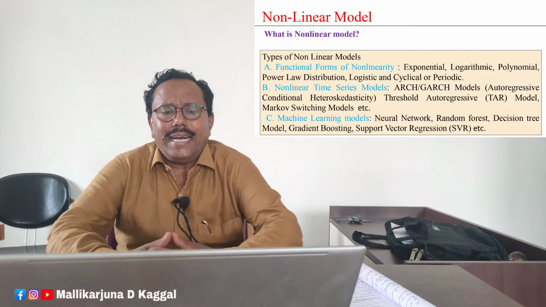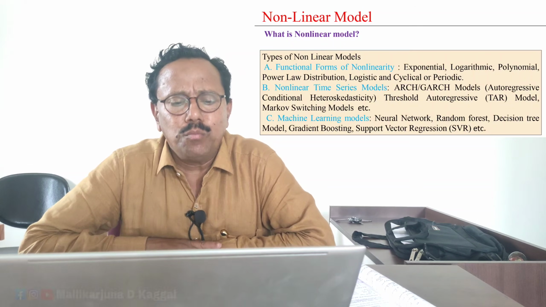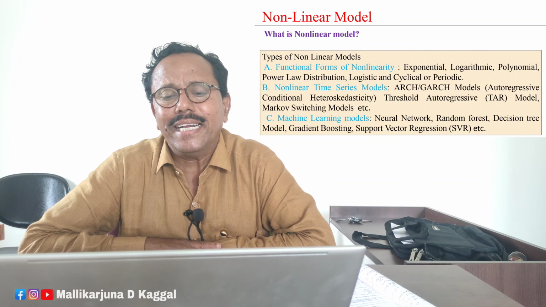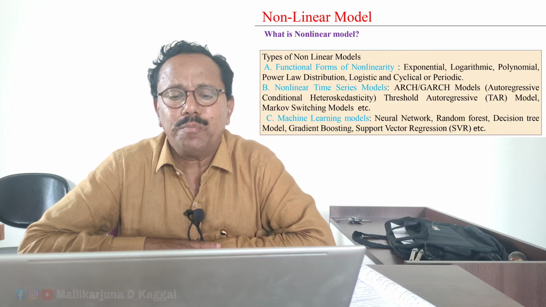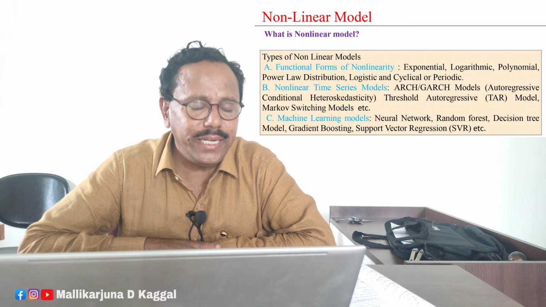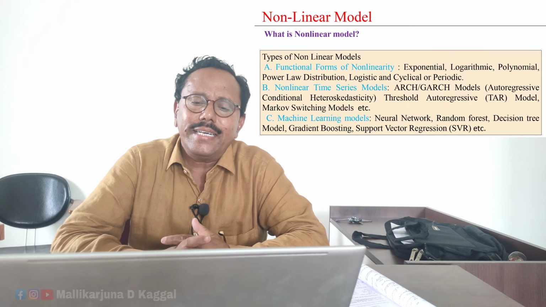Now look at the characteristics of this non-linear model. We say that it is the most difficult to estimate. It requires iteration again and again, trial and error, till you get an optimum model. We use it especially in finance, like IRR, internal rate of return.